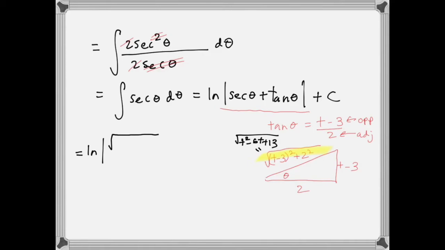So it's going to be the square root of t squared minus 6t plus 13 over 2, and then plus tan theta, plus t minus 3 over 2, plus c.